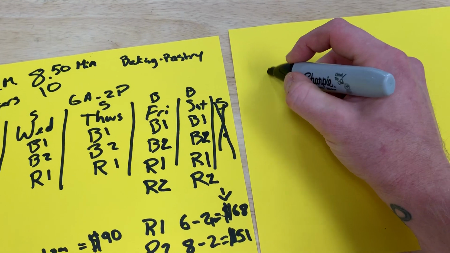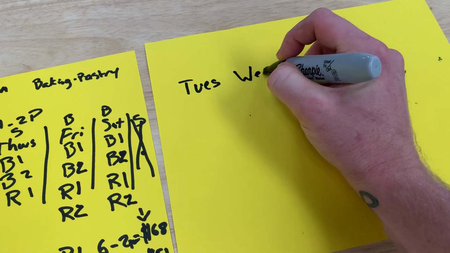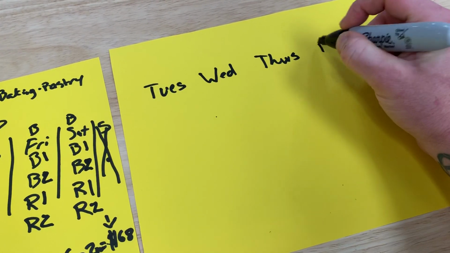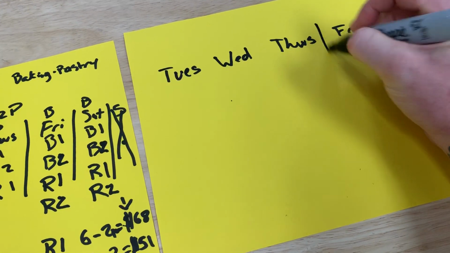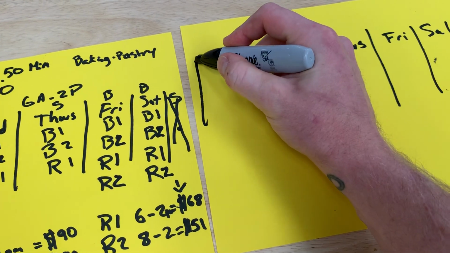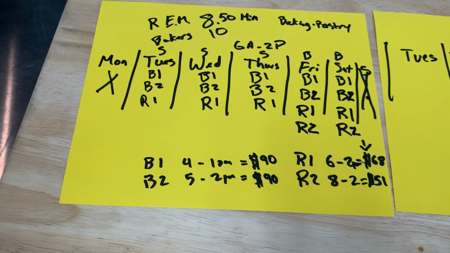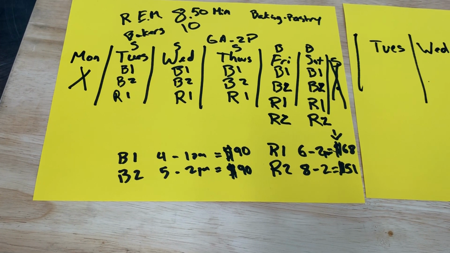I'm gonna write out my 5 days of operation again. Just the 5 days of operation. 5 days that people are working in my establishment. Boom. Okay. Over here, we've pretty much got our math equation ready to go. We just have to add everything up, right?